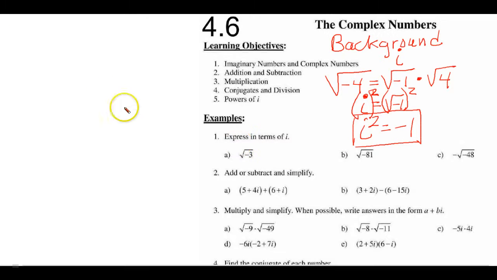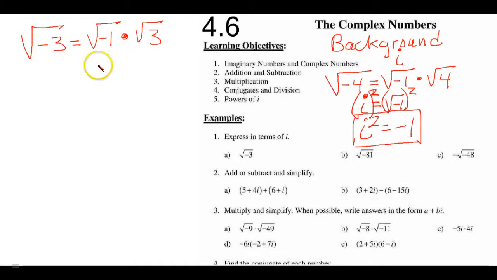Okay, so let's do some work here. We're saying the square root of -3 again is going to be the square root of -1 times the square root of 3. We're saying the square root of -1 is I, times the square root of 3. Now this can also be written the square root of 3 and then put the I afterwards.